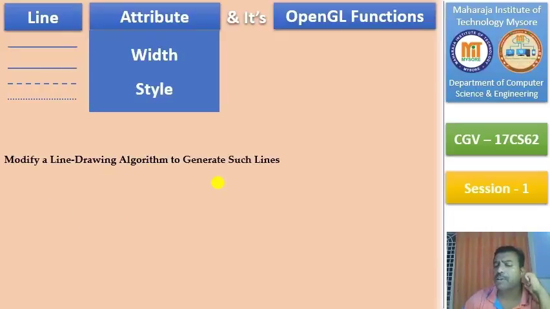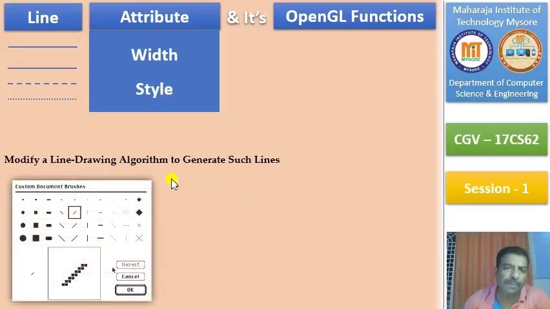For example, whatever Bresenham line drawing algorithm we have been using, we are going to use the same algorithm with slight modification. So we are going to have these different types of lines, or we can use some custom package.